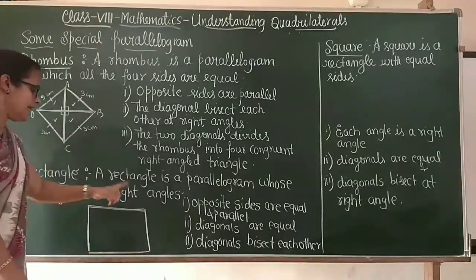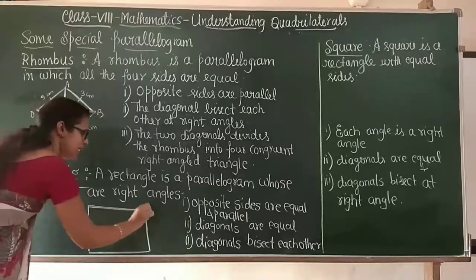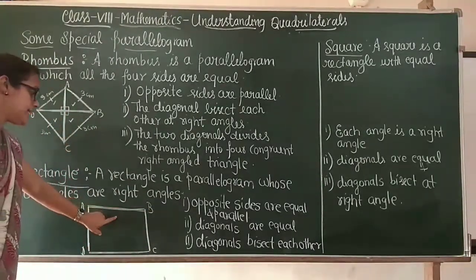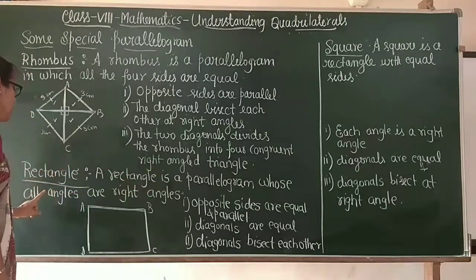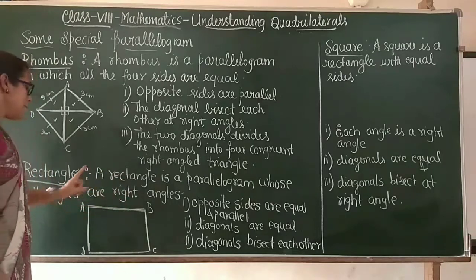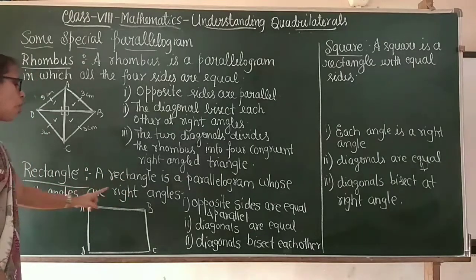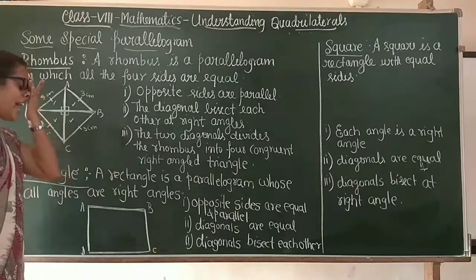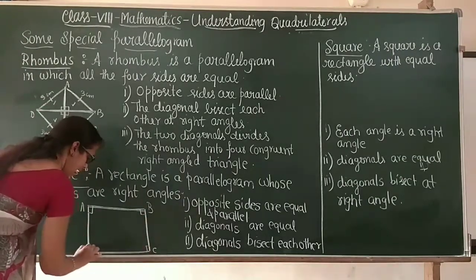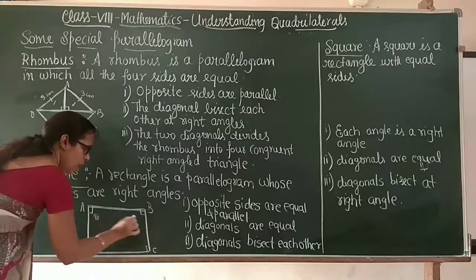Okay, so ABCD is a rectangle. In this, what happens? It's a parallelogram. Why? Because it has the properties of a parallelogram. But here all angles are right angles. In the sense, angle A, angle B, angle C and angle D are how much?